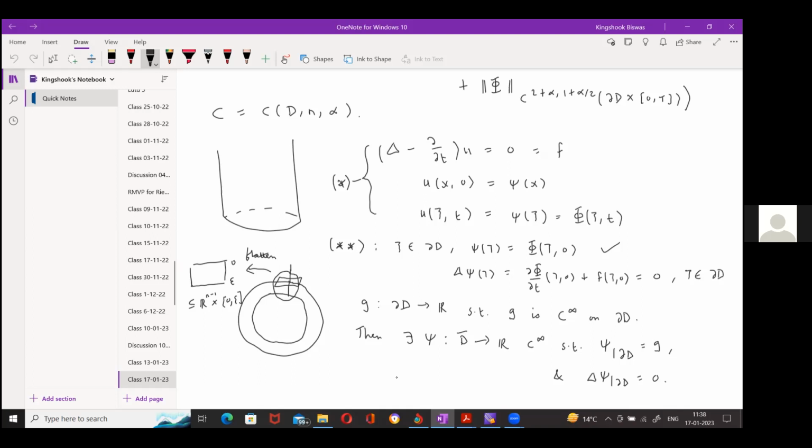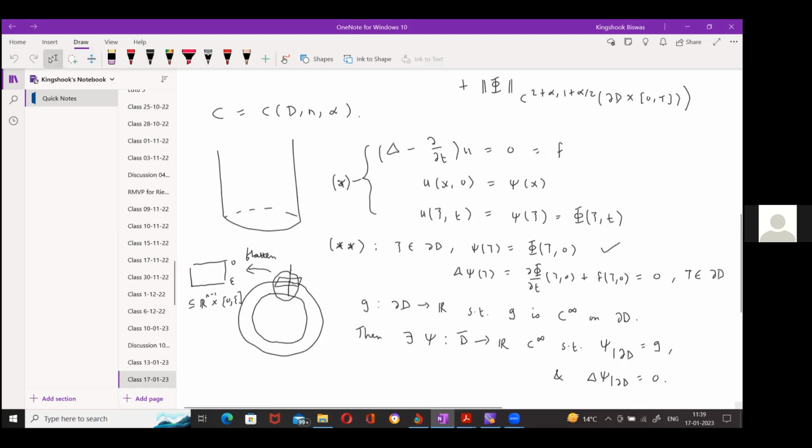But if you grant this fact, which is much simpler than the solution to the Dirichlet problem, you just need the Laplacian of the smooth extension to vanish on the boundary. That's all one needs for the compatibility conditions to hold. Then you get a solution to the heat equation with these initial value and boundary conditions.